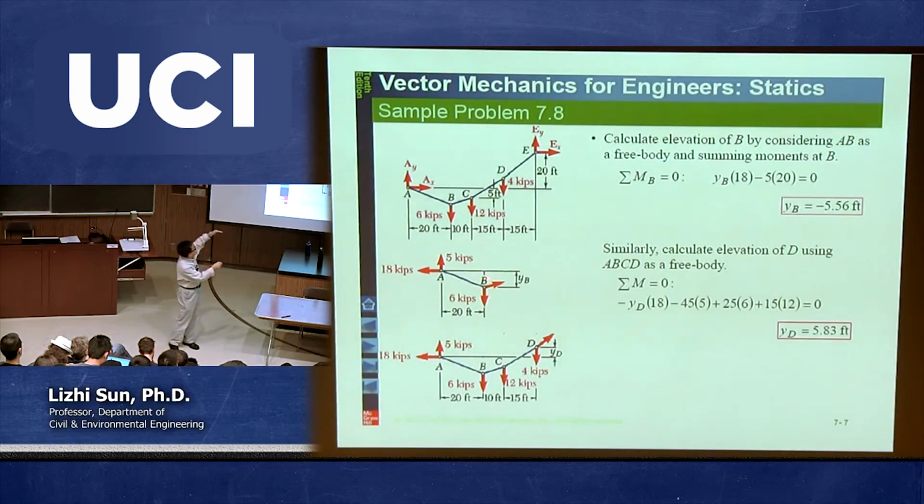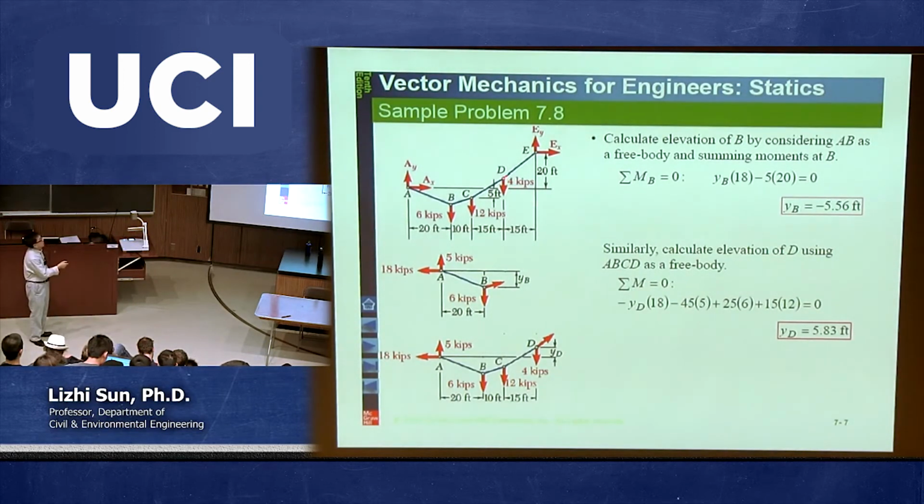It means point B is below point A, and the distance between A and B in the vertical direction is positive 5.56. But we're talking about elevation, which is supposed to be going down, so that's why they finally put negative 5.56. What I'm trying to say is these 2 things are not consistent. Anyway, this is the final answer.